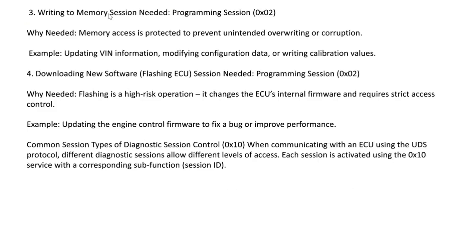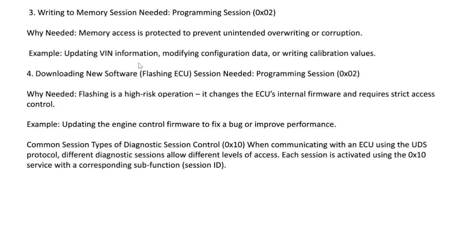And the third reason is writing to memory. For this, the needed session is the programming session, hexadecimal 2. Why is it needed? Program access is protected to prevent unintended overwriting or corruption. As the name suggests, here we will be doing some ECU programming, so this memory access is protected to prevent unintended overwriting or corruption.